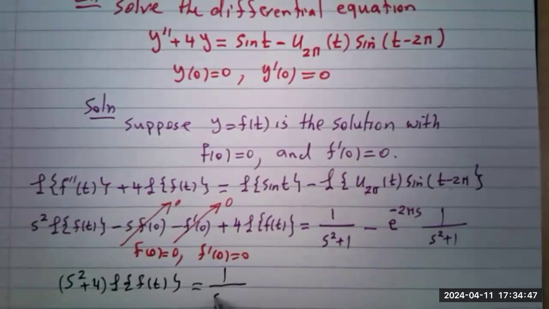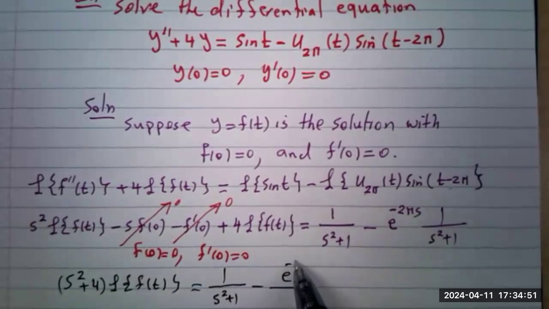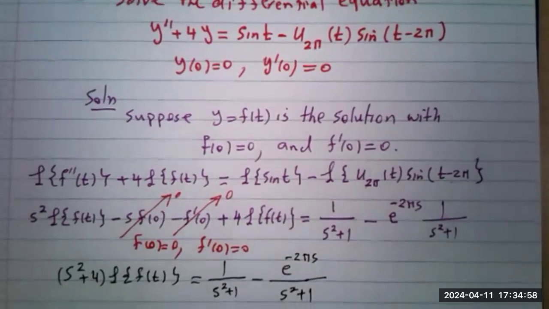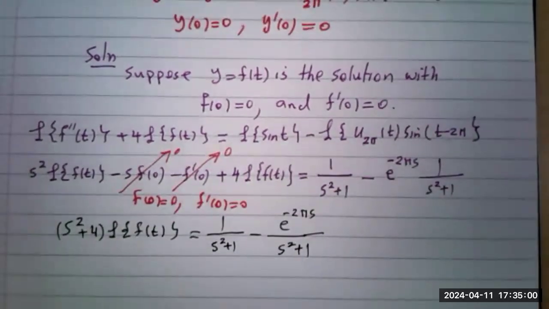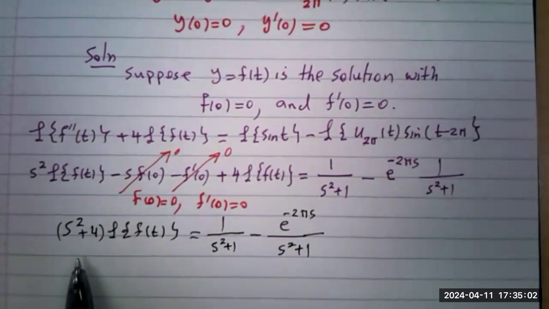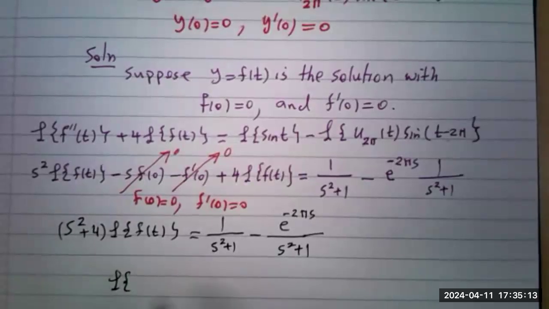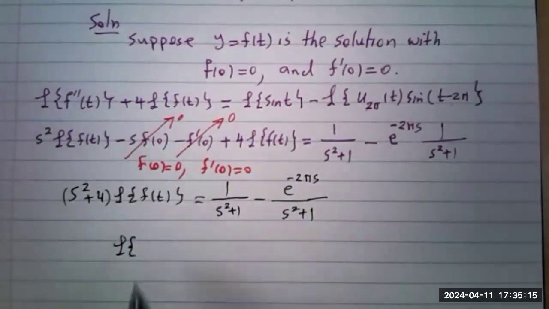We have 1 over s squared plus 1 minus e to the negative 2 pi s over s squared plus 1. Okay, this is the case. Now divide by s squared plus 4. You divide it as is. Don't shrink it, don't find the common denominator or anything. Just do as is.